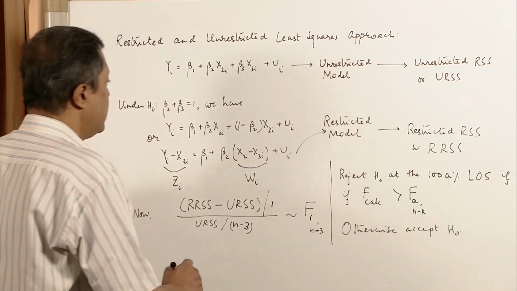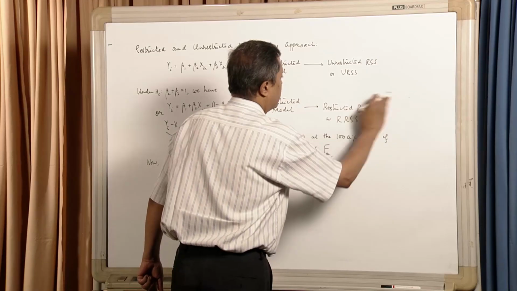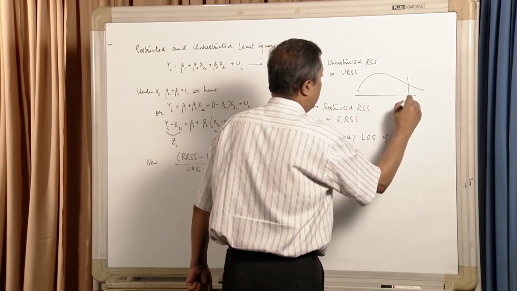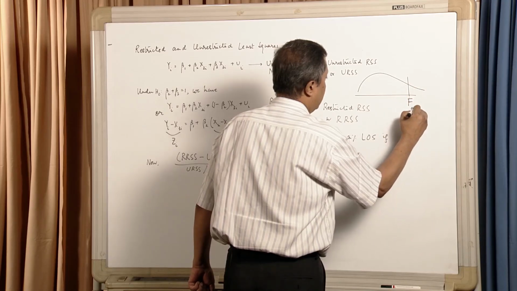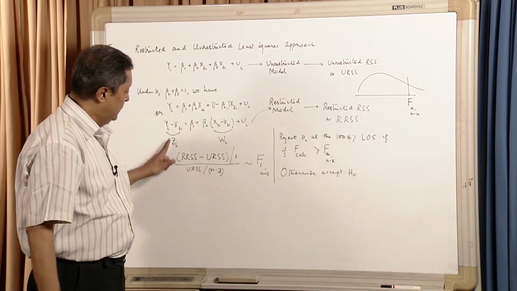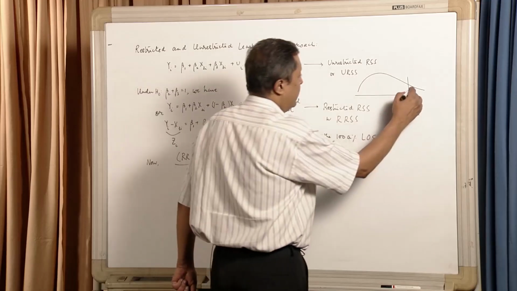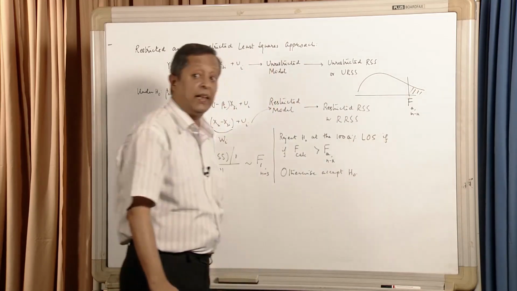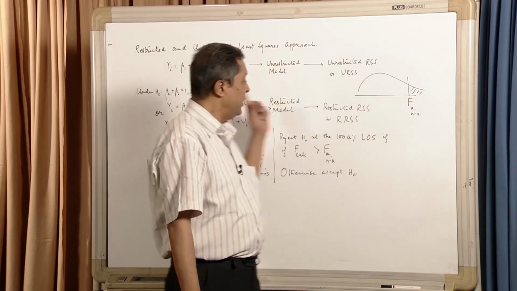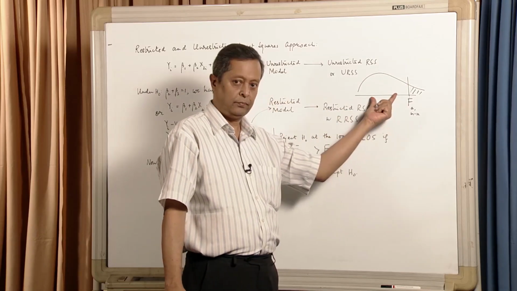So, the f distribution would be something like this. It is not a symmetric distribution; it would be looking something like this. So, here we have f alpha comma n minus k. If the calculated value of f is to the right of this, then we reject H naught, because in most cases, if H naught is true, the calculated value should lie to the left of this.